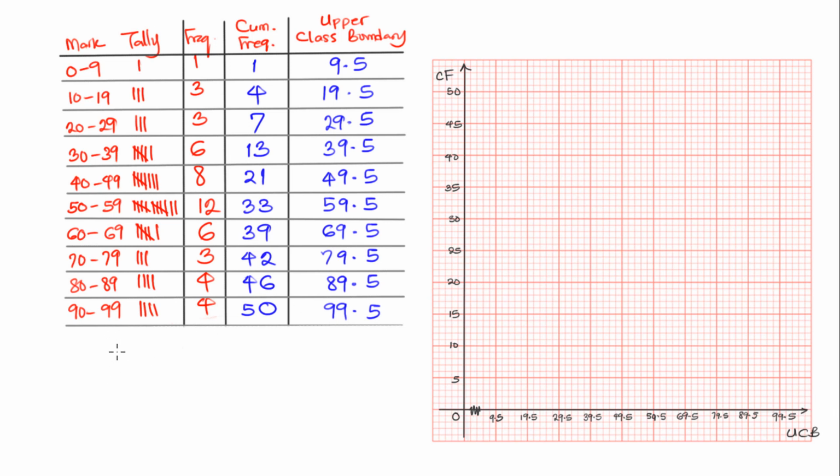You can see at the beginning of the horizontal line, it was notched, meaning that it's not linear at that point. We are not starting with 0, we're just starting from 9.5, then increments by 10 units. So our scale is 2 centimeters represent 5 units on the cumulative frequency axis, and 2 centimeters represent 10 units on the upper class boundary axis.